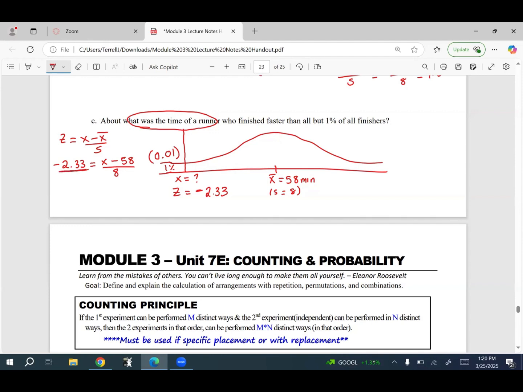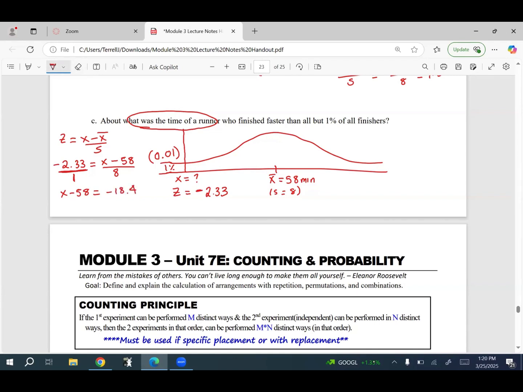I can make this a fraction by saying it's over 1. And cross multiply means multiply diagonally. 1 times x minus 58 is just x minus 58. And then multiply diagonally in the other direction. Negative 2.33 times 8, that's negative 18.4.